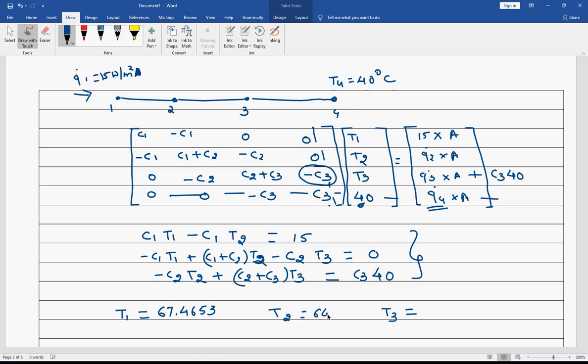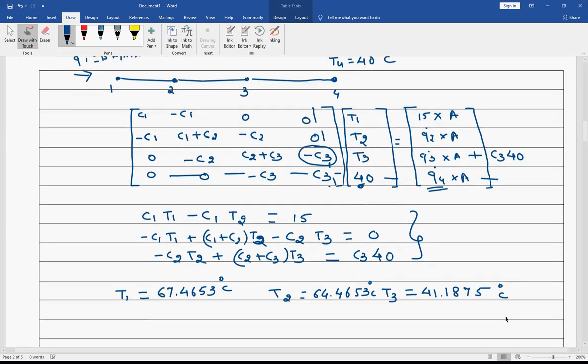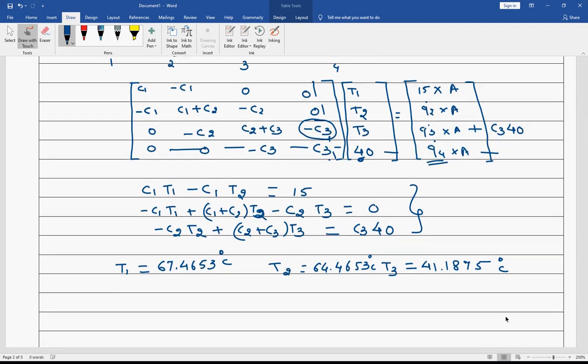Then I'm getting 64.4653, and then I'm getting 41.1875 degrees Celsius. Great. So this is what we are getting.